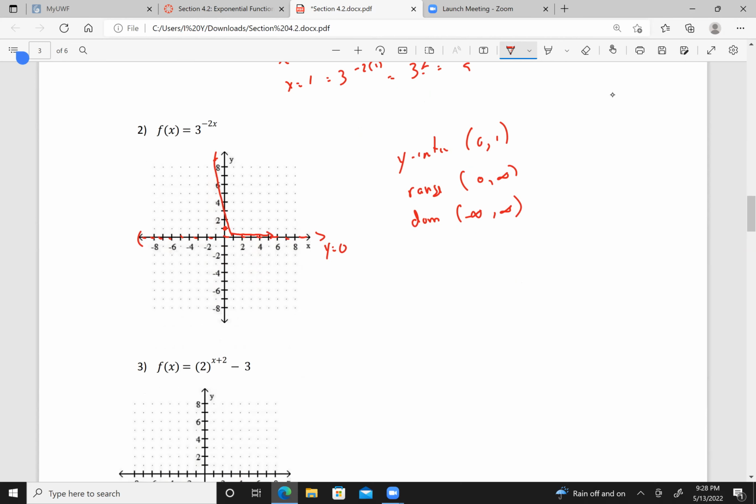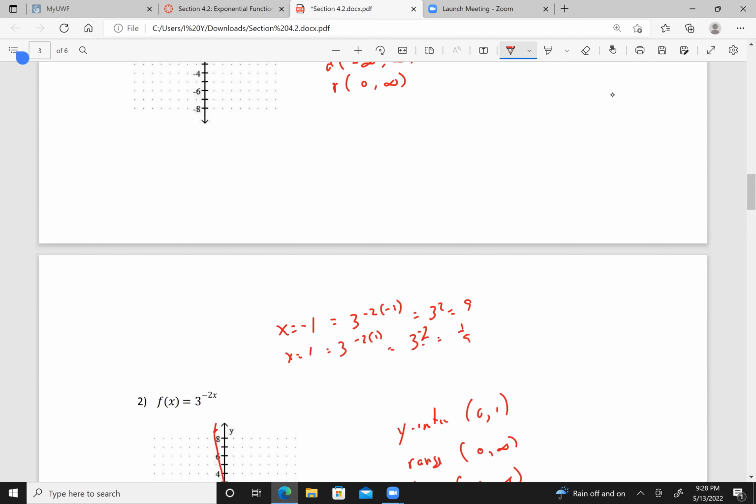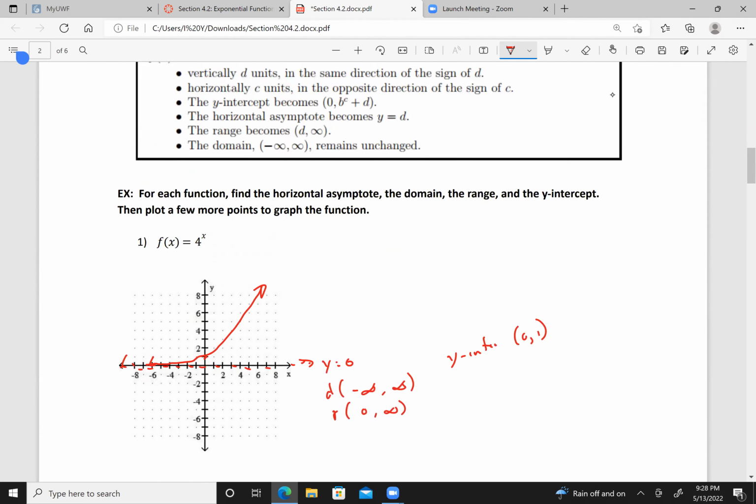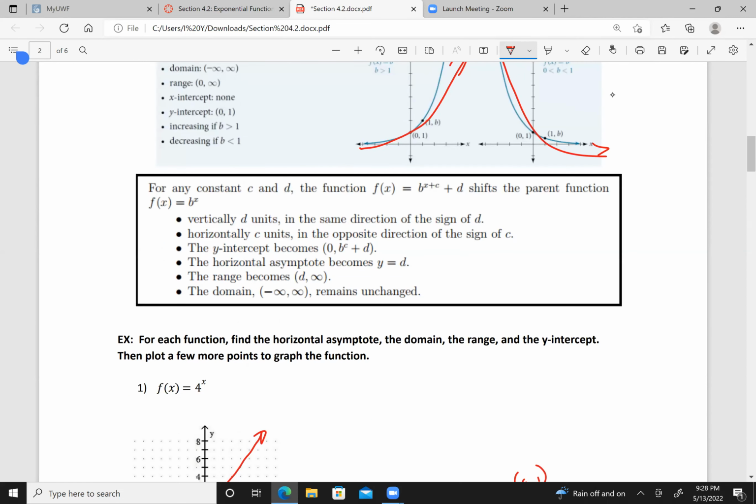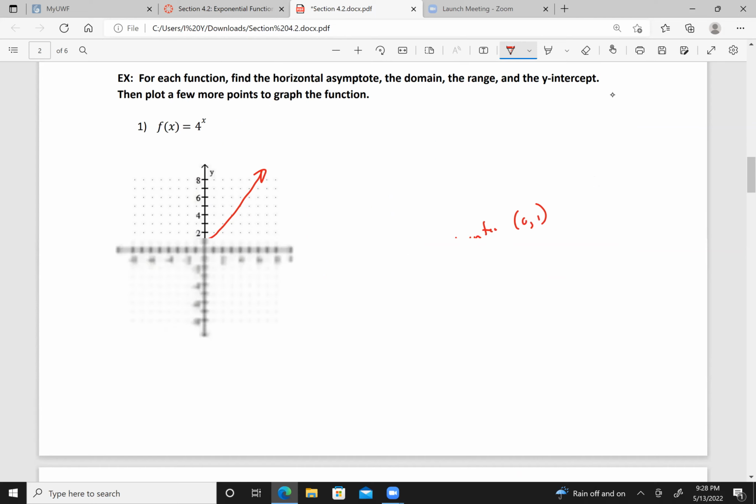All right, so now we have our shifts. So when we add, let's look. We're going to shift vertically d units and opposite direction c, horizontally.